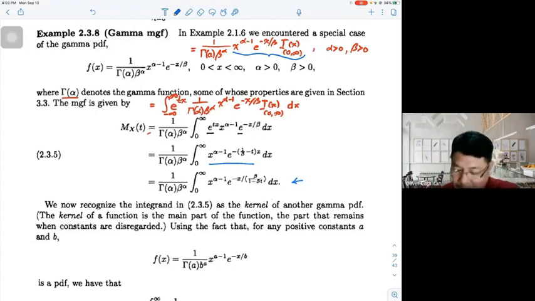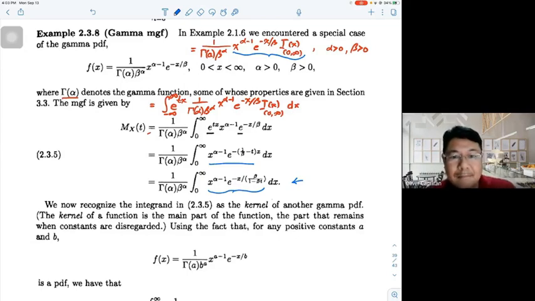This expression now, or the integrand, is actually the kernel of, again, no, of our random variable having a gamma distribution with parameters alpha, and then the other one we have beta over 1 minus beta t.